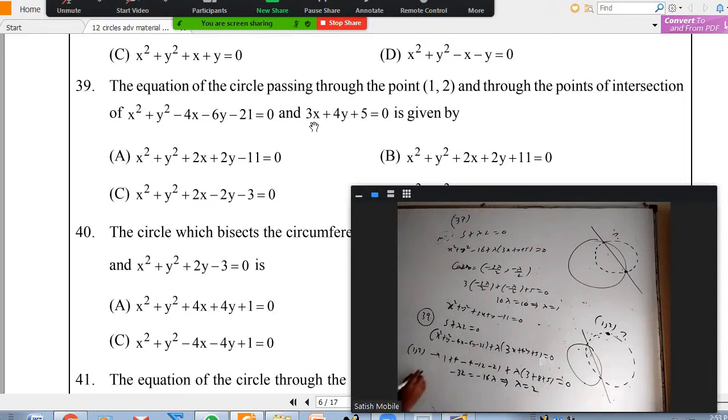Put that 2 back, we will get x square plus y square minus 4x plus 4x plus 8y plus 10 minus 21, equal to 0.